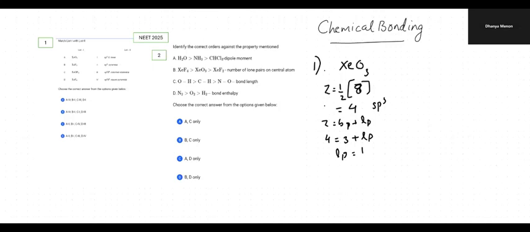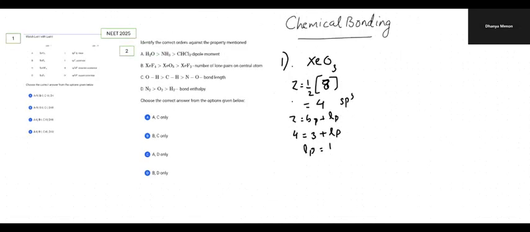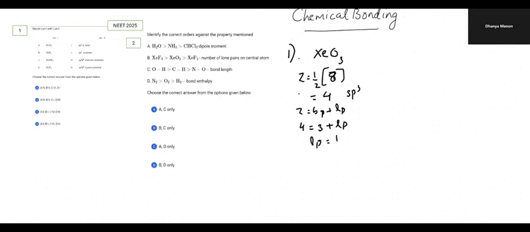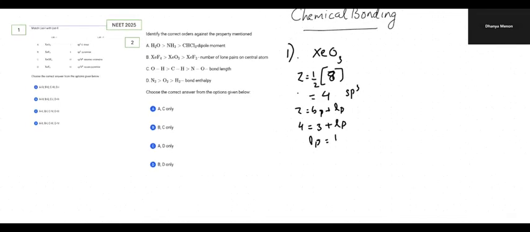So I have Xe. There is 1 lone pair and 3 bonds with oxygen. So this is pyramidal shape. Okay, so this is sp3 hybridization and this is pyramidal shape.